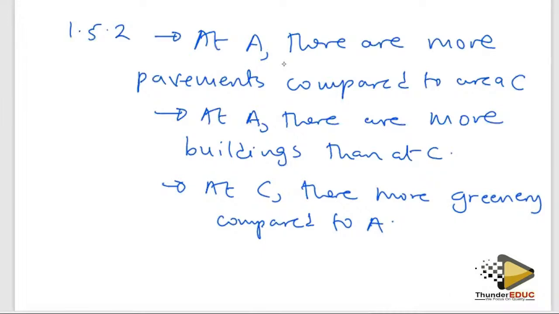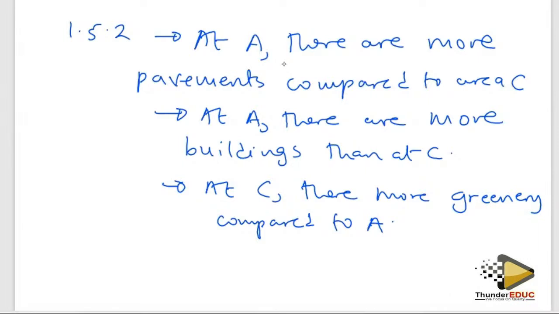we know pavements absorb more heat and retain it, which makes the urban area much warmer than area C, where there are a lot of trees. At area A, there are more buildings, because the more the buildings, the more they create surface area for heat. Or we can also talk about buildings having a lot of bricks that absorb heat, glasses, metals which absorb heat, a lot of lights which create artificial heat as well.